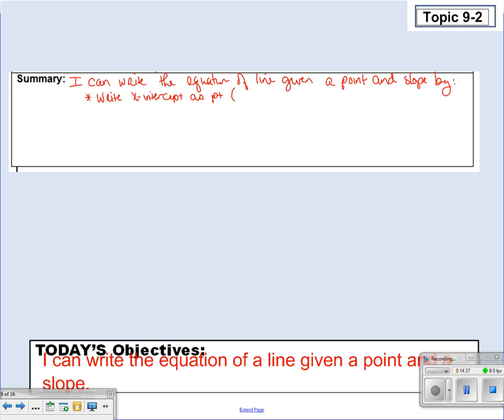And so the x-intercept as a point, you have your x-coordinate, but your y-coordinate is 0.